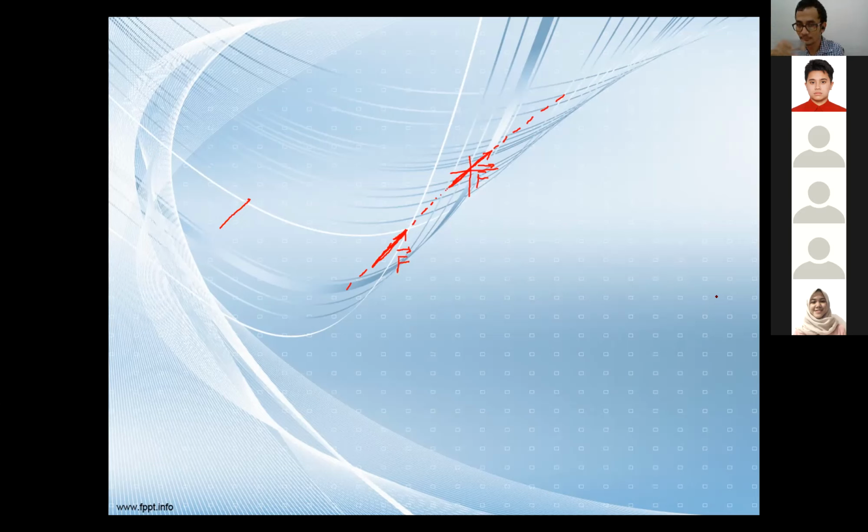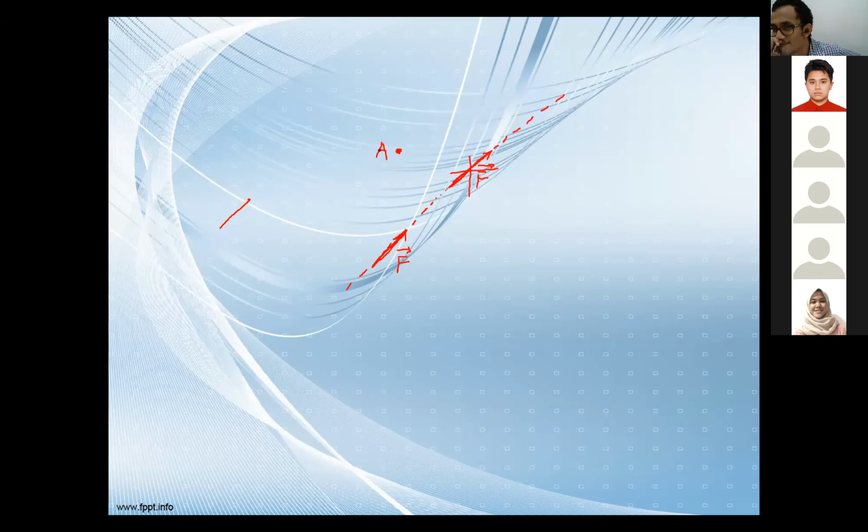But sir, would that change the moment? It will not change the moment. So for example, I want to calculate the moment of force F to this particular point A. What is the equation just now in order to calculate the moment?